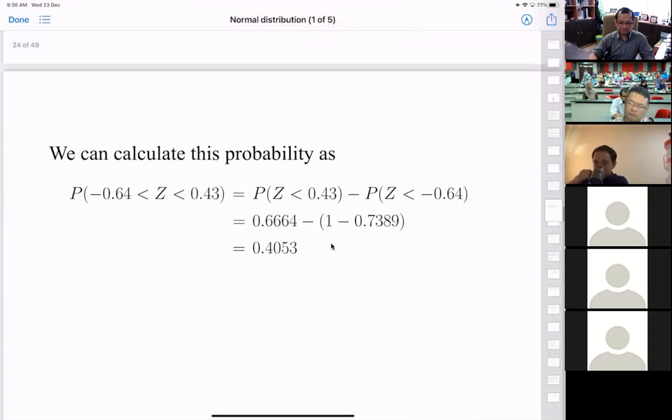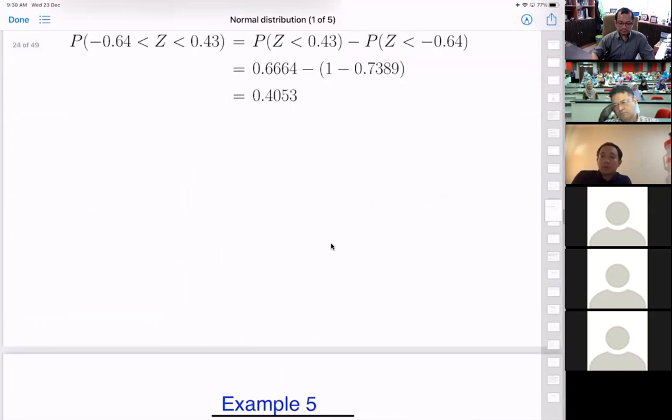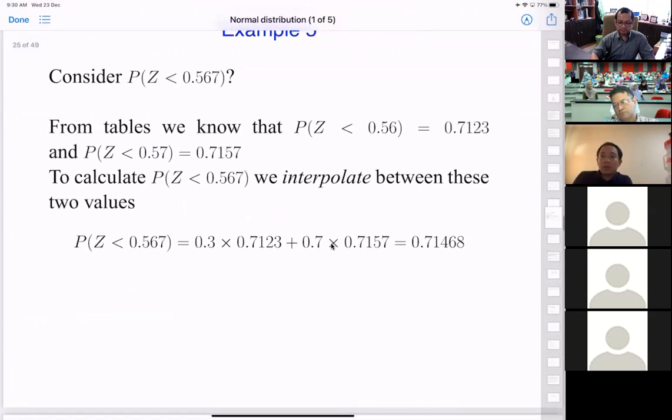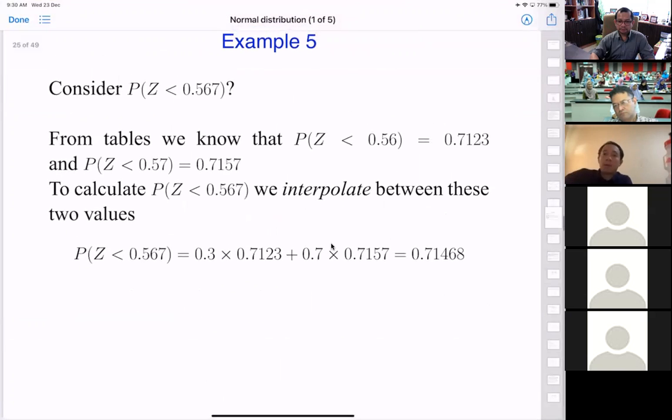We do it one by one. Then we got 0.4053. This is when we can get everything in the table.